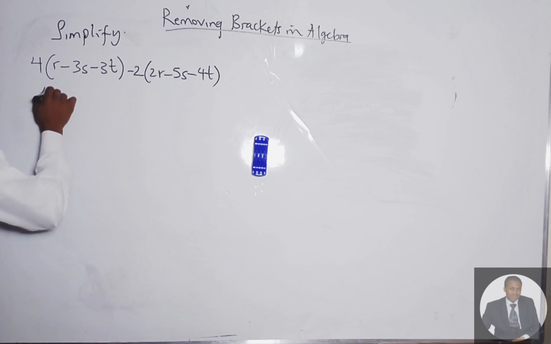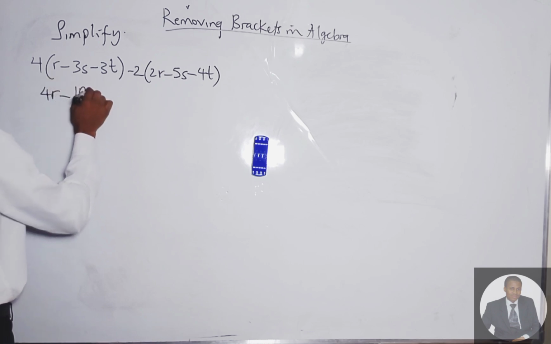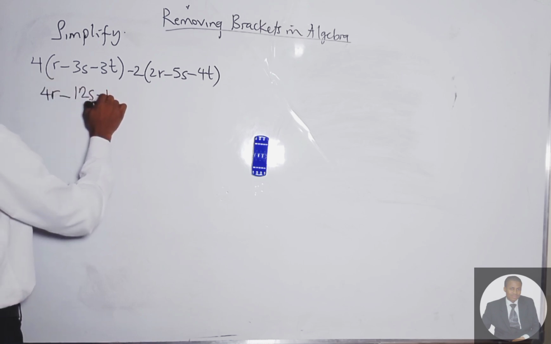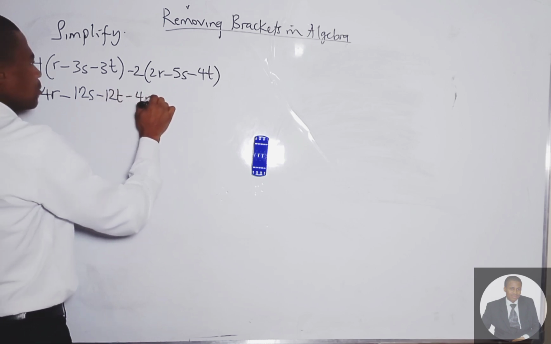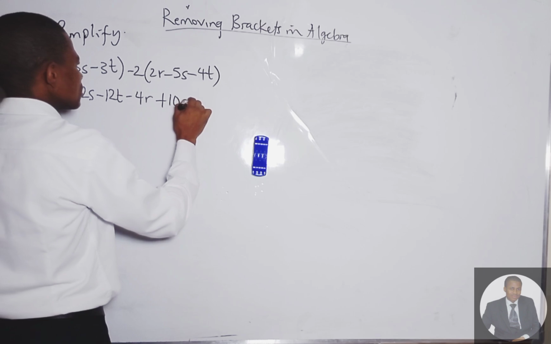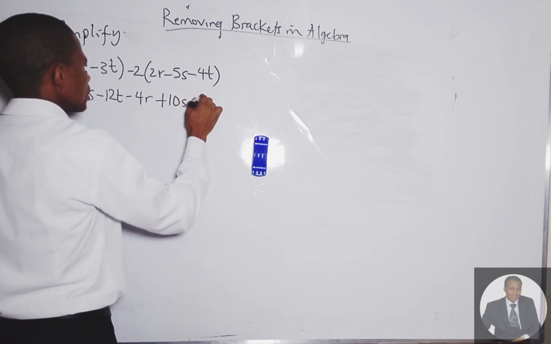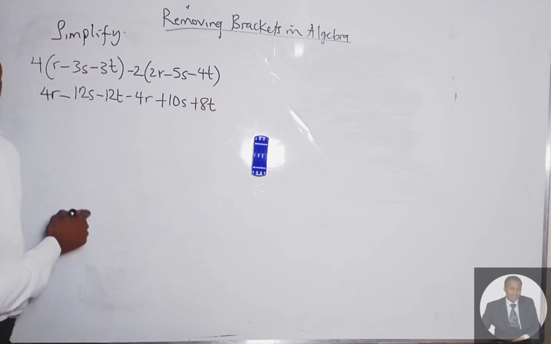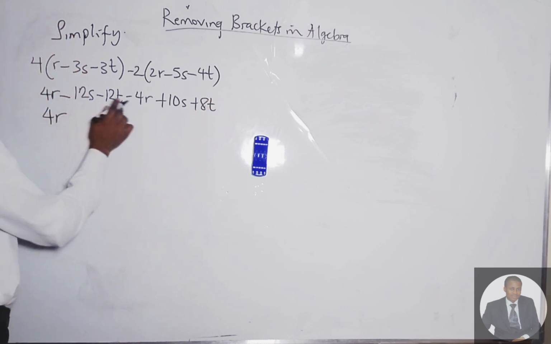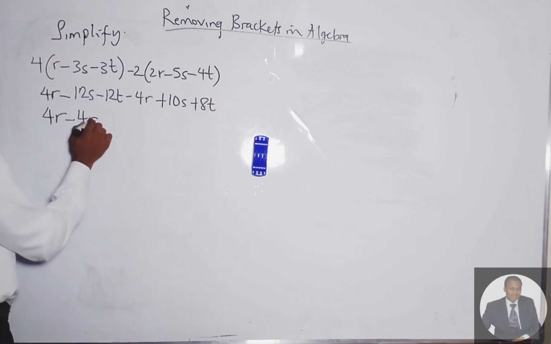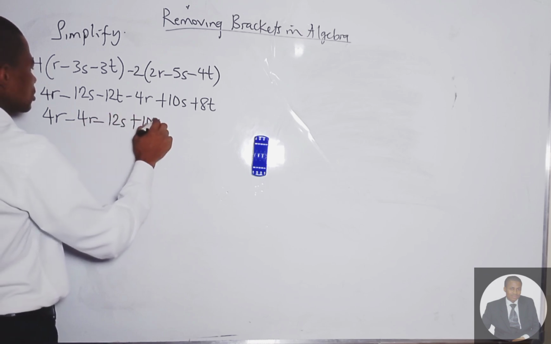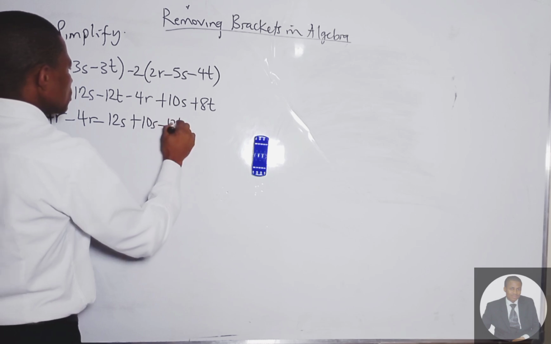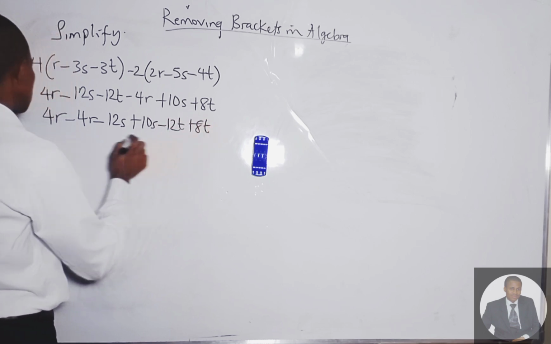So we have 4r minus 12x minus 12t, minus 4r plus 10x plus 8t. We collect like terms: 4r minus 4r, minus 12x plus 10x, minus 12t plus 8t.